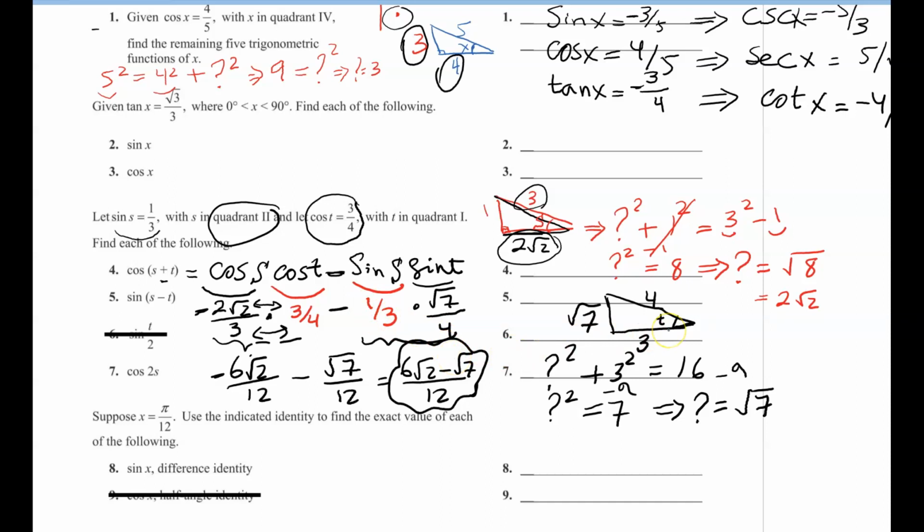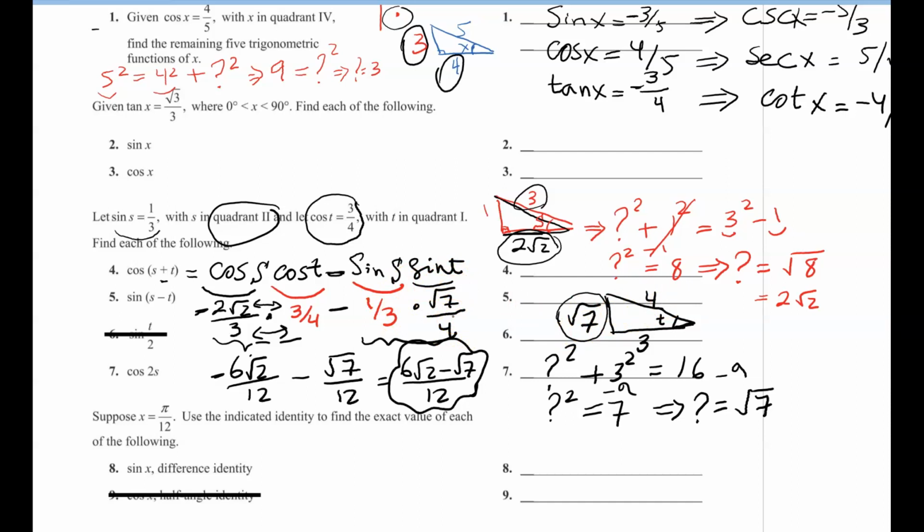Given that cosine t is 3/4, adjacent over hypotenuse, you find the other side, which is root 7. Knowing it's in the first quadrant, it's opposite over hypotenuse and positive, of course.